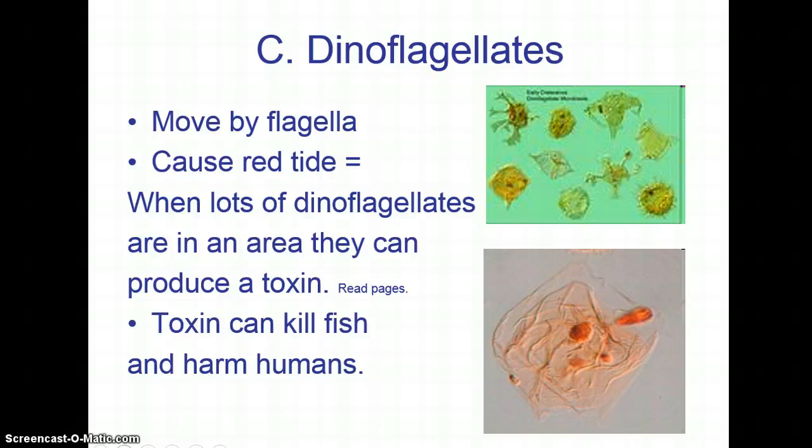The water turns a rusty or blood color, because of the color of the dinoflagellate, and fish by the thousands go belly up. Clams, oysters, and mussels are unaffected by dinoflagellates, but they can accumulate the poisons, making their flesh toxic to humans. The illness is called mussel poisoning, can be quite serious and even fatal.